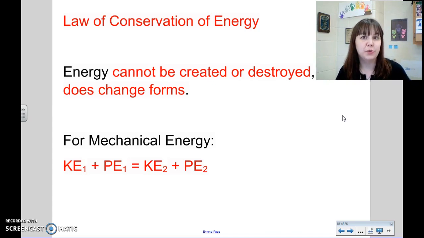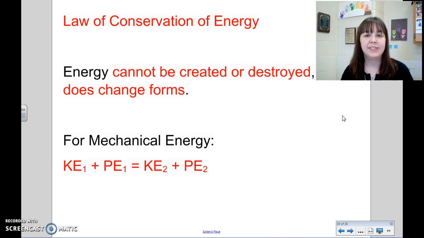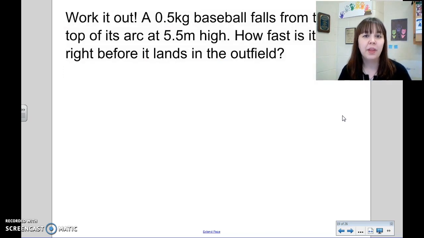Maybe prior to moving, you had all potential and no kinetic, like my example of standing on a ladder. As I'm falling, I gain kinetic energy and lose potential as I lose that height. So we've transferred from one type of energy to the other, but the total mechanical energy is going to stay the same.